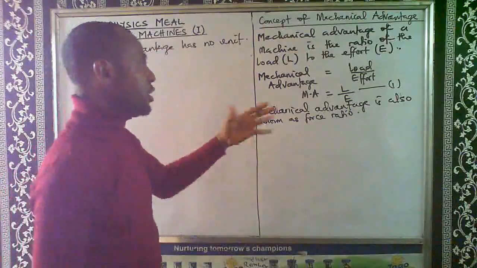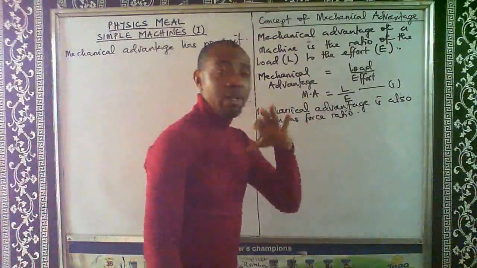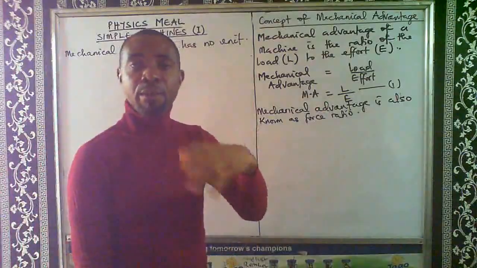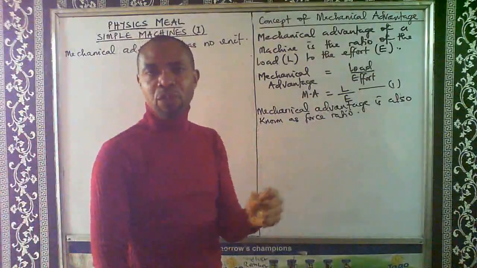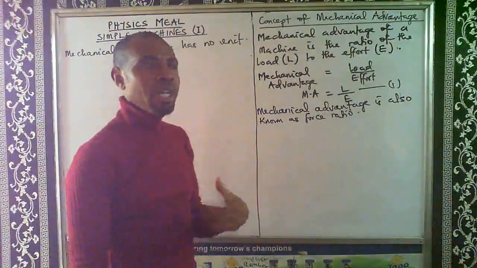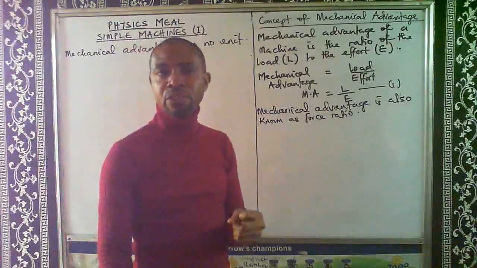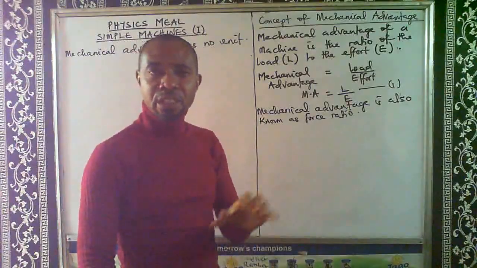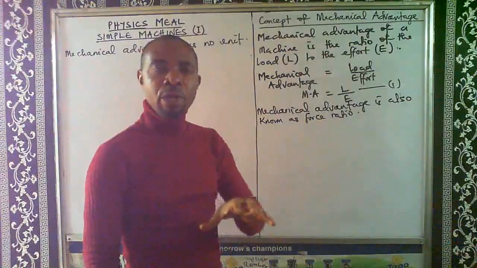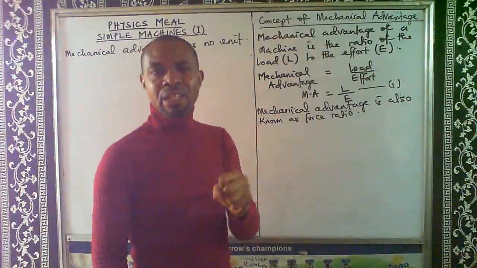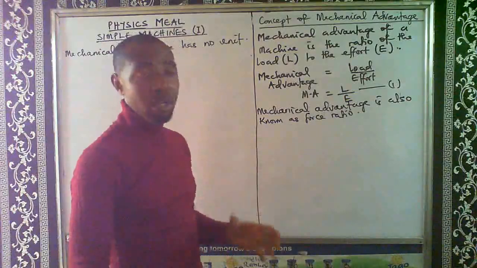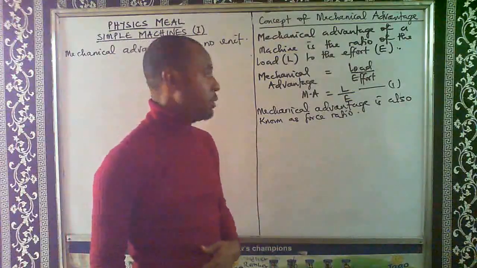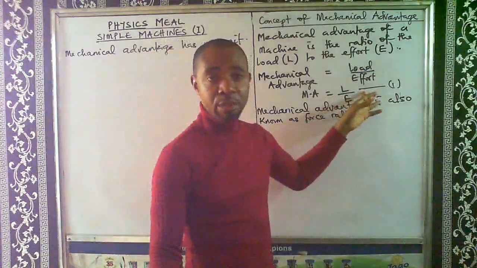Now we have some serious significance as far as mechanical advantage is concerned. Remember, we say we use it to measure the usefulness of a machine. So when can we say that a machine is advantageous? When can we say that a machine is disadvantageous? These are issues. So we are going to look at 3 things now concerning mechanical advantage before we can round up. Remember, we have already established an equation.